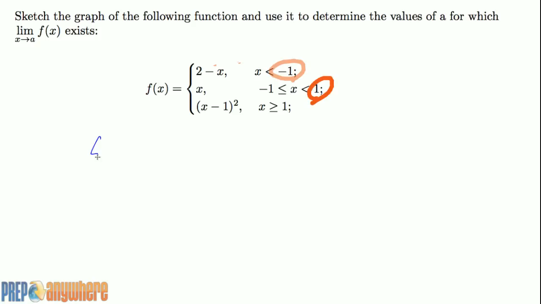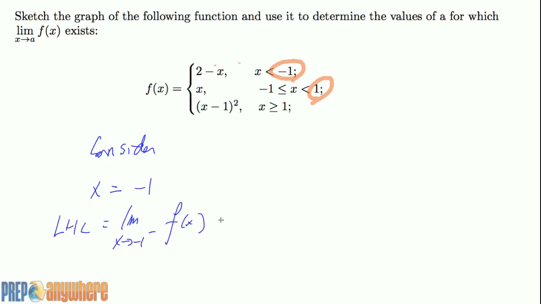So you have to consider first x equals -1. So that's the left hand limit. Okay. So if you're considering the left hand limit as x approaches -1, we have to take this. So what does that give you? 2 minus (-1), right?